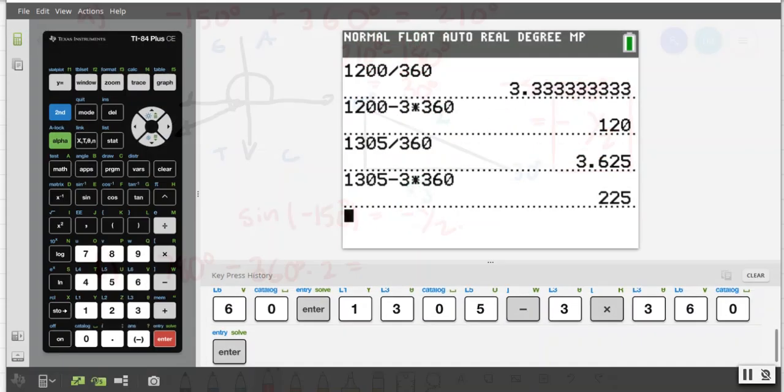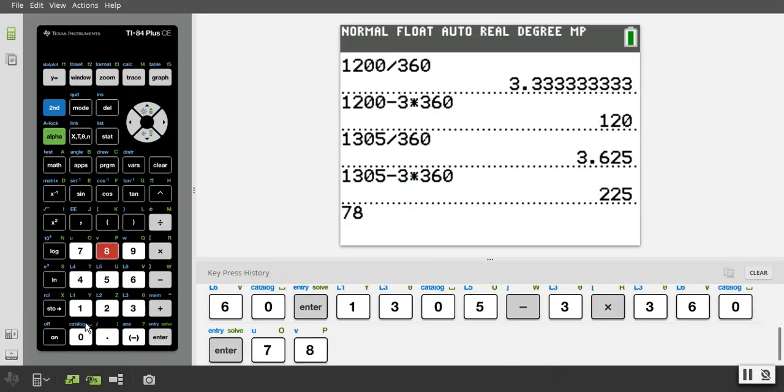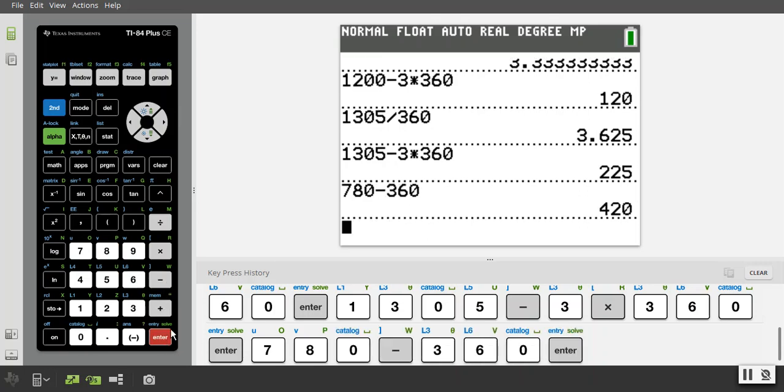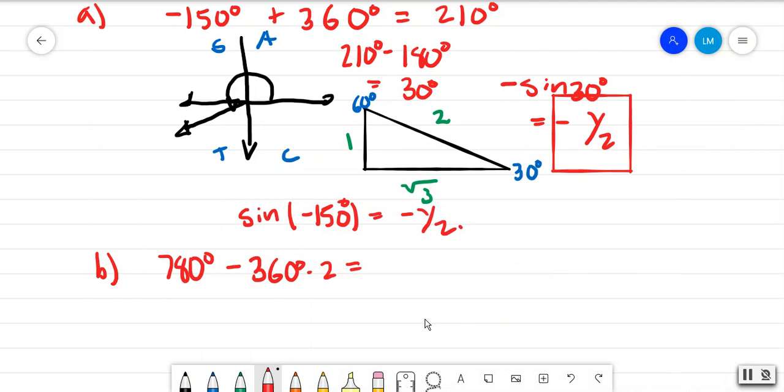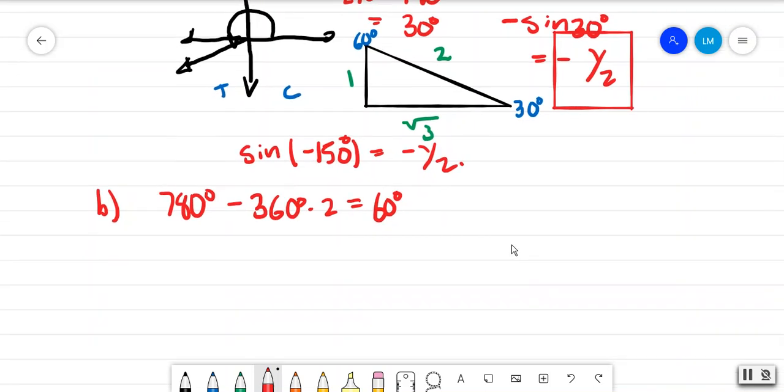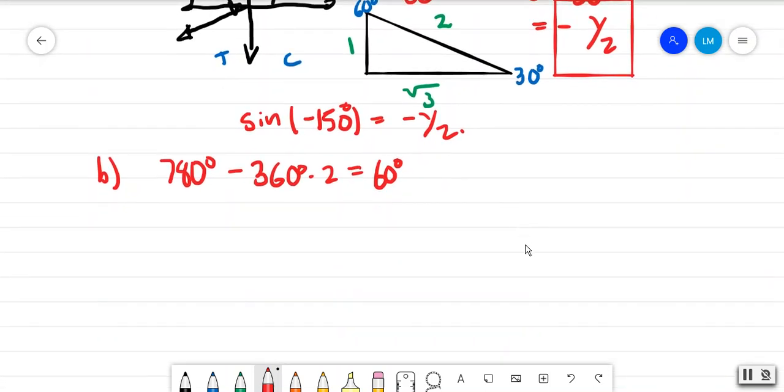Let's see, we can just do 780 minus 360, and minus 360 again. Yeah, that's 60 degrees. So finally we get a different angle, and that's telling me that I went around 2 times and just added 60 degrees.